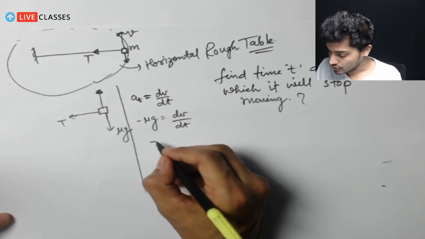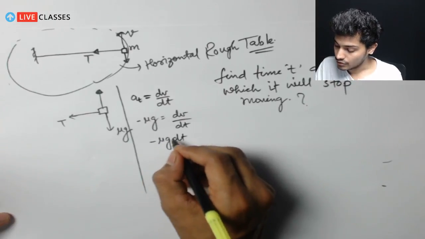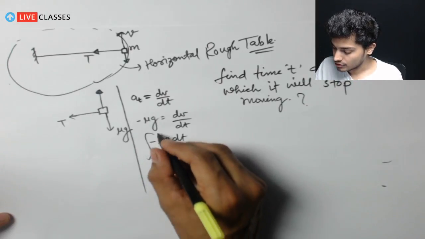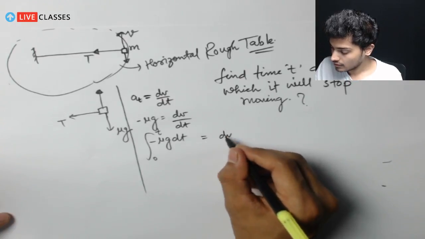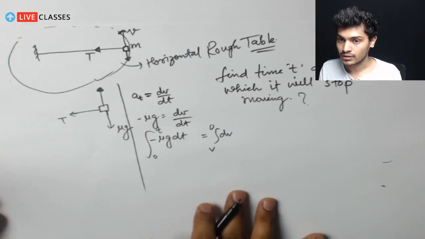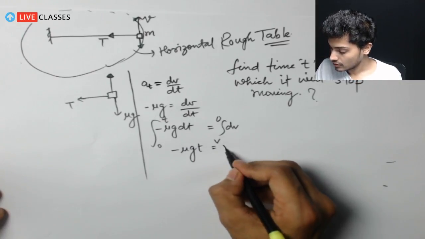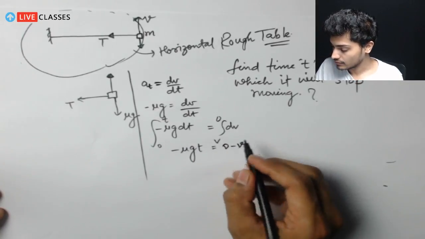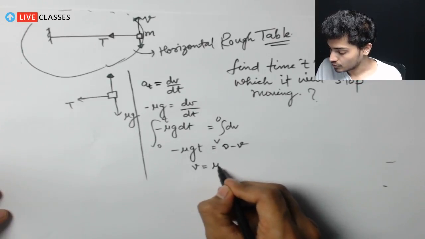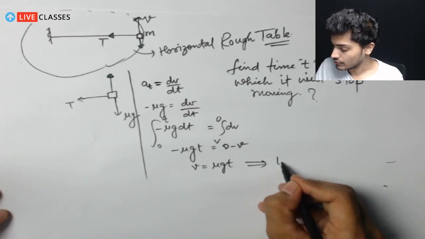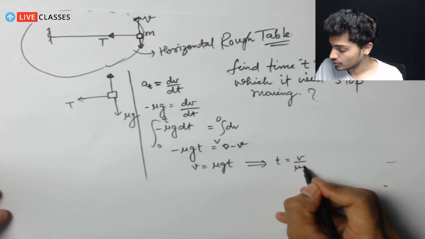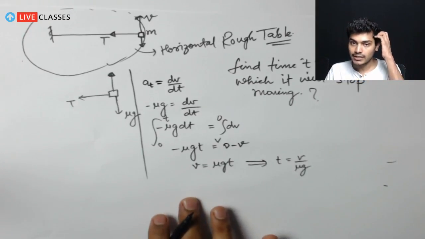So we have to integrate it from 0 to t, when v will become 0, right? So minus mu g t, 0 minus v, so v equal to mu g t, so this will give t equal to v upon mu g. After this much time it will be at rest, right?